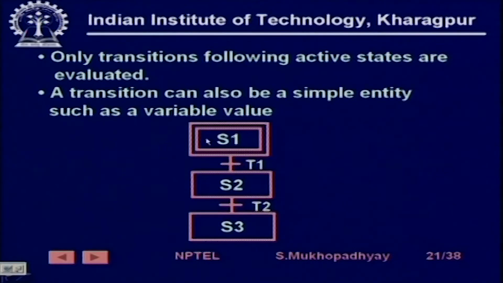So, for example, in this case S1 is an initial step. While S1 is active, T1 is active, and if the conditions for T1 are fulfilled, then it will come to S2. While at S2, T2 will become active, and if T2 occurs, then it will go to S3.